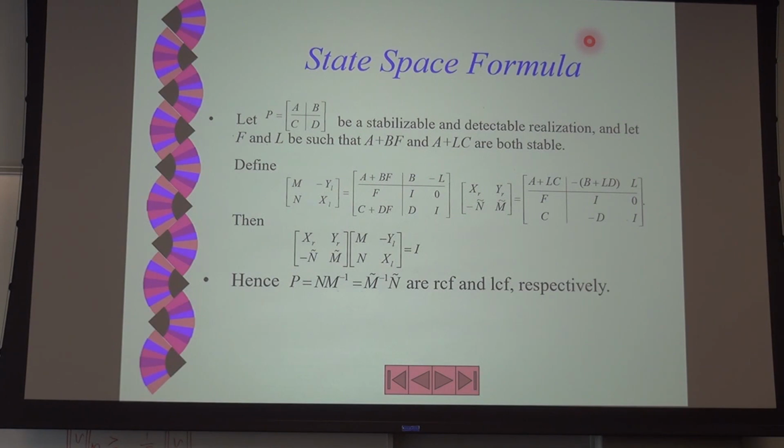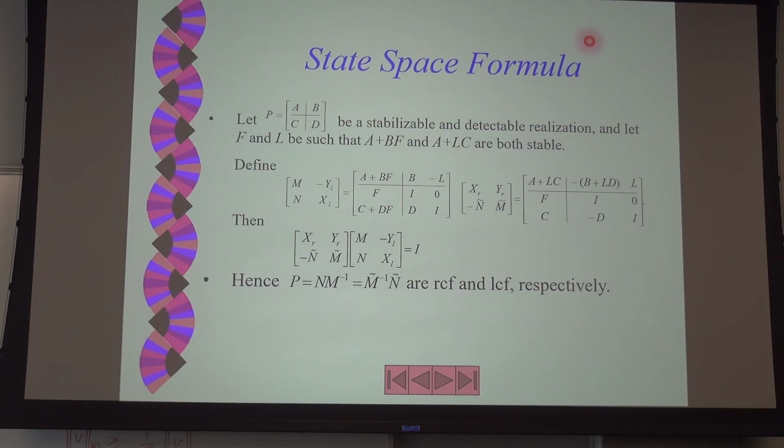Then F and L are chosen so that A plus BF, the state feedback, and the observer dynamics are both stable. F and L are not unique; they can be anything as long as both are stable.